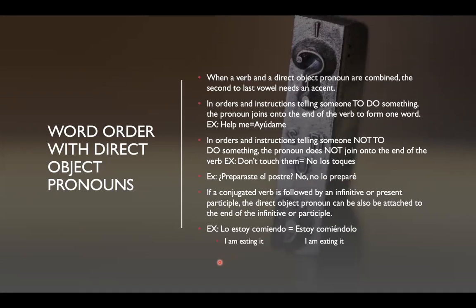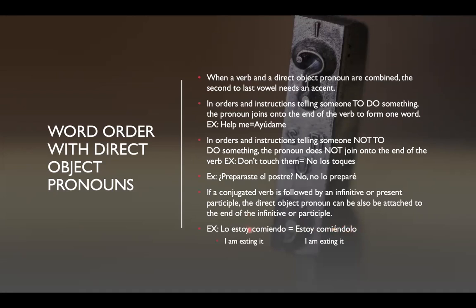The only difference is you're able to put the pronoun in front of estoy, or you can combine it to the gerund here. In this case, it's lo, and as you see here, counting backwards, it's the third vowel, so 1, 2, 3, and it gained the accent because it was combined to it.